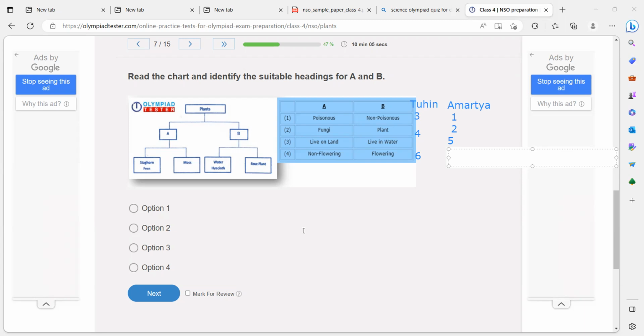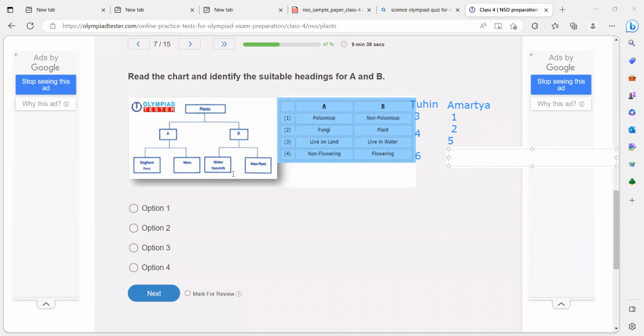Okay, Amartya, I'm explaining the question to Udit. Udit, see, this water hyacinth plant actually goes in water. It is actually an aquatic plant. And rose plant is a plant that grows on land. Is this clear up to this point, Udit?